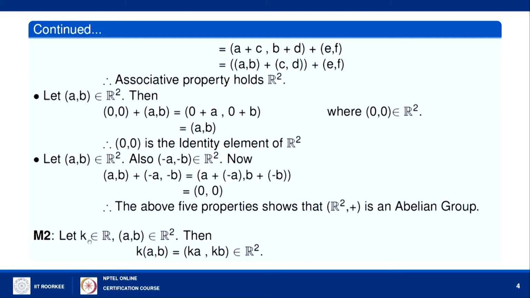So, I am taking here k belongs to R, which is a scalar, (a, b) is a vector from R2, then k multiplied with (a, b) will become (ka, kb). So, again (ka, kb) is an element of R2, and hence the second property holds.